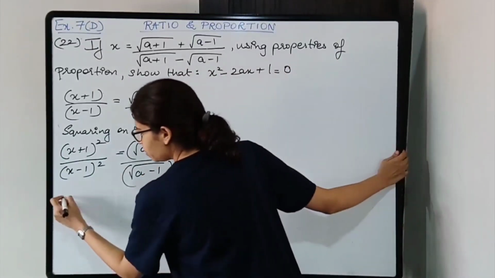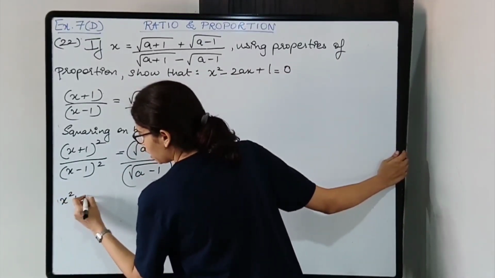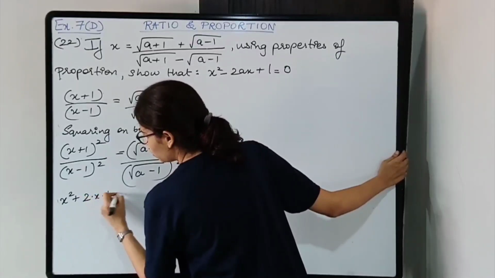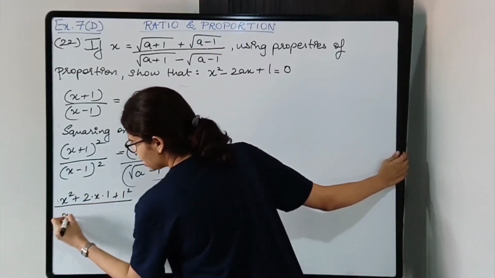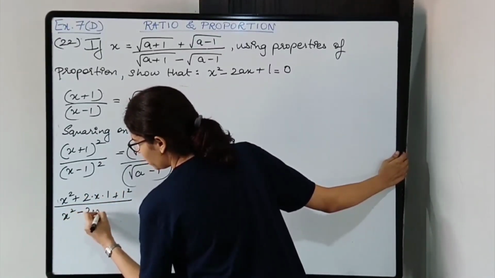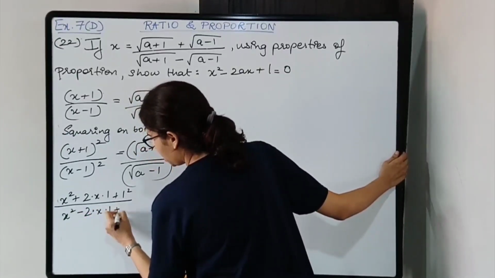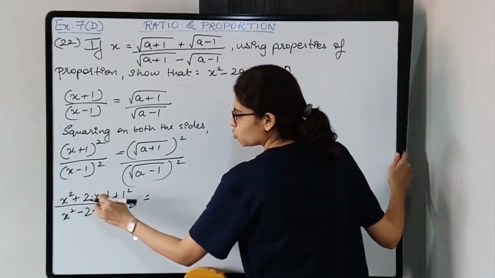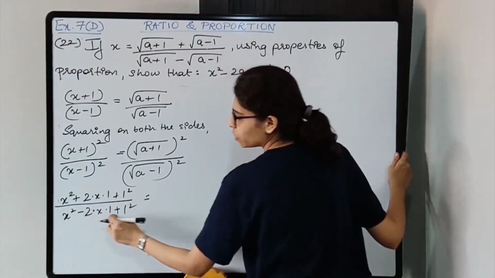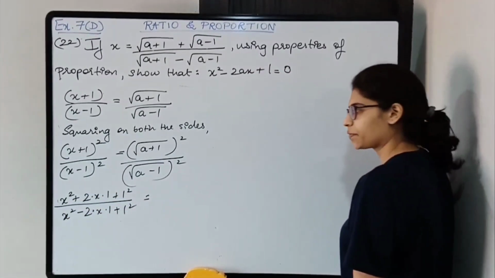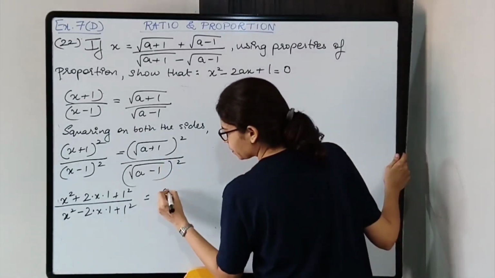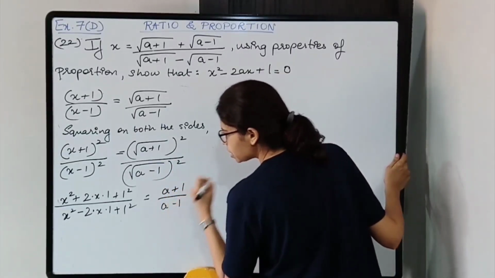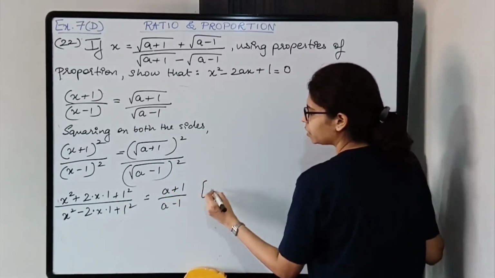So it will be x square plus 2 into x into 1 plus 1 square upon x square minus 2 into x into 1 plus 1 square. A square plus 2ab plus b square, a square minus 2ab plus b square. Here a plus 1 upon a minus 1, and here you have to give the reason.